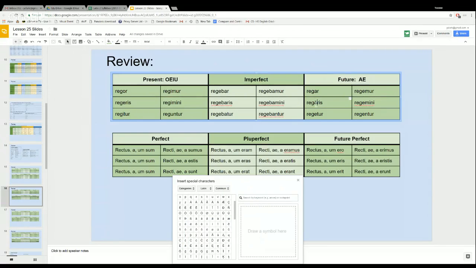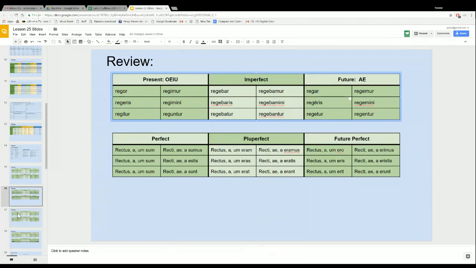So this one is long, and over here, this one is not. Other than that, they're spelled exactly the same. But for now, the way you need to remember it is this one over here in the future has a long mark over it. In case you haven't noticed that, I'm drawing your attention to it now.